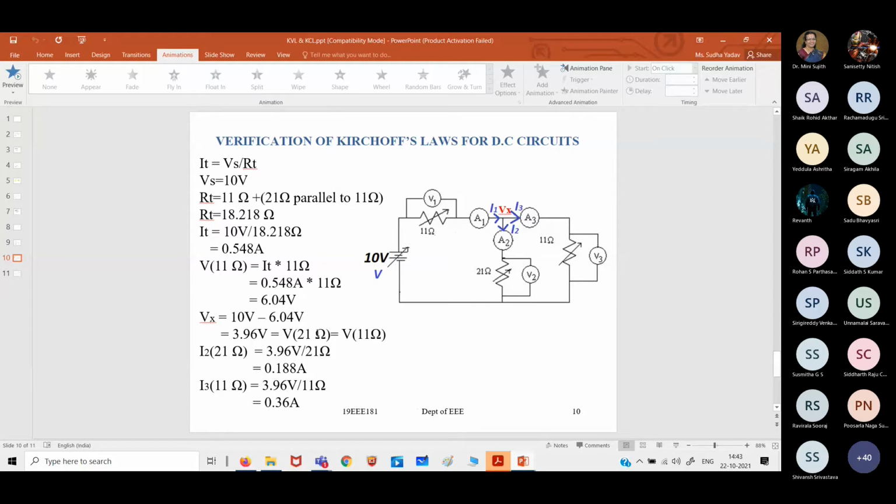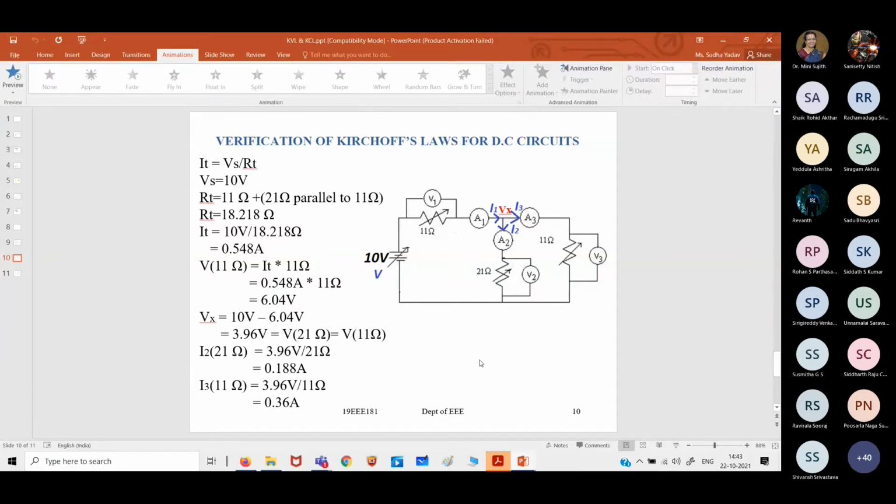Since it is KVL and KCL, I proceeded by finding the total resistance, total current, then the drop across each resistor. The total supply voltage minus the drop gives the potential at this point. Both resistors in the given circuit happen to be in parallel, so dividing the voltage by the resistance gives the current in each branch.